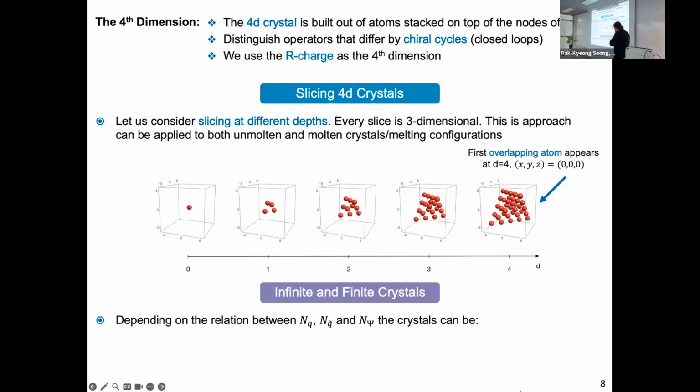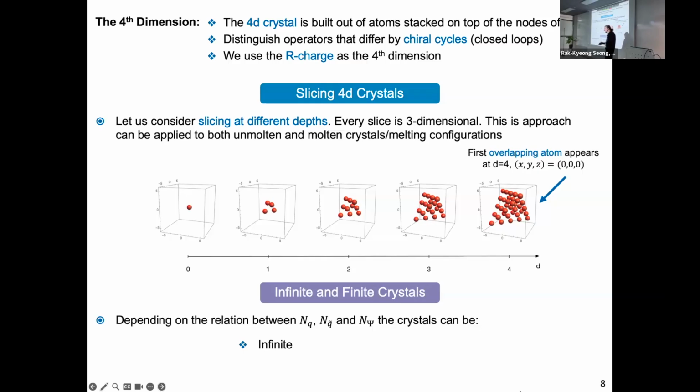So crystals can be infinite or finite, and I'm going to say very basic things, which are related to what Cyril was asking. Depending on the relation between the number of incoming chiral flavors, outgoing chiral flavors, and Fermi flavors, you can have different situations.